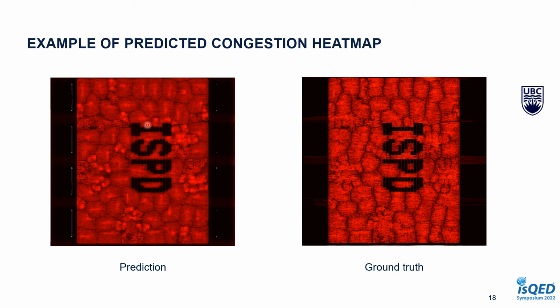And as you can see, the overall brightness are similar, which means the predicted values are very close to the actual values. And also the patterns are similar as well, like the ISPD pattern in the middle.